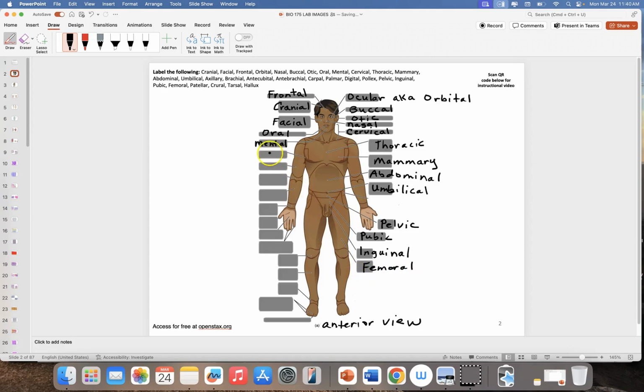If we come back over to the right side of our figure here, the armpit is going to be axillary. And then this upper part of the arm here is brachial.